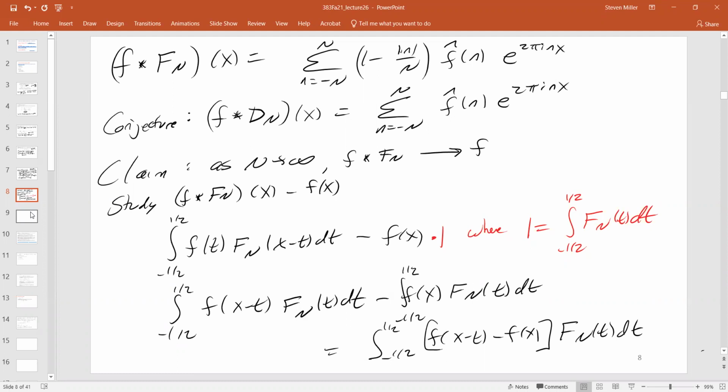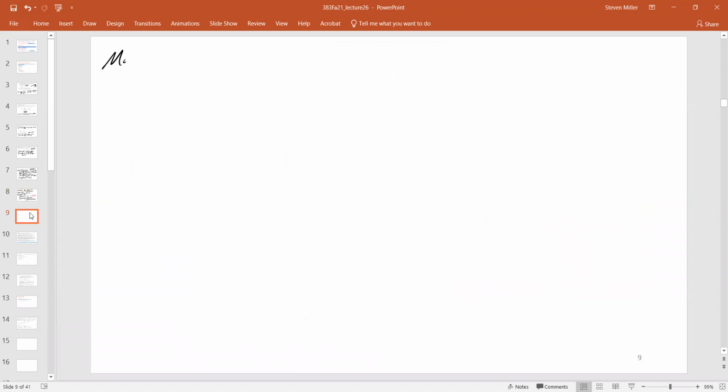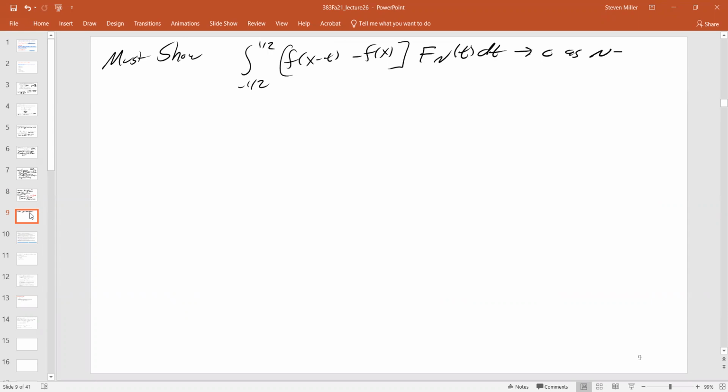Because now this is going to be really, really nice. So I just need to show that this integral goes to 0. So we must show that the integral from -1/2 to 1/2 of f of x minus t minus f of x, times fn of t dt, goes to 0 as n goes to infinity.